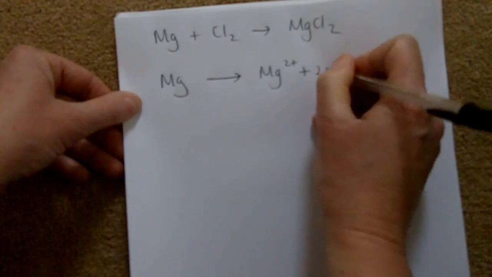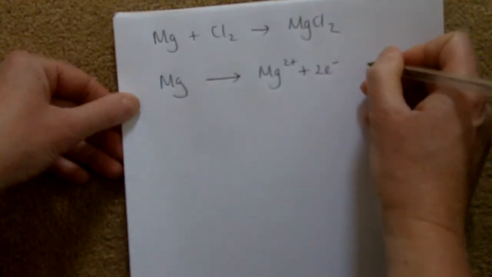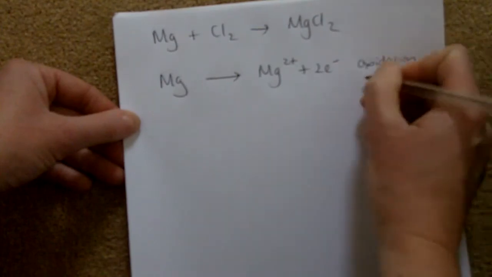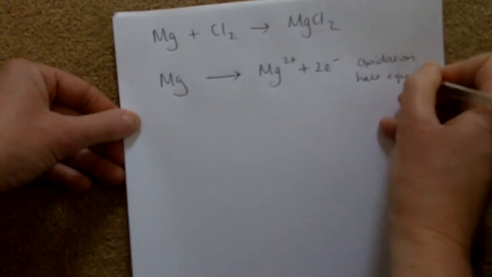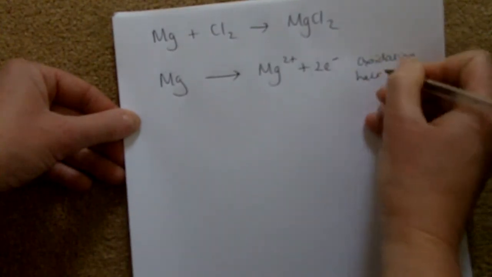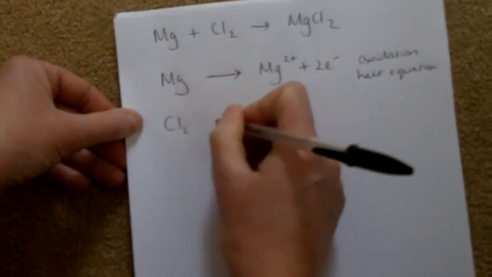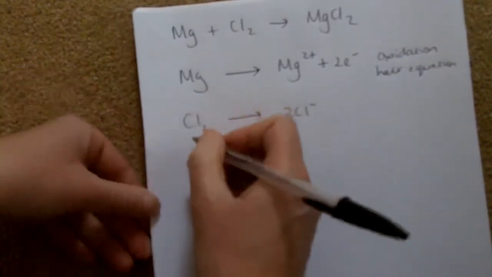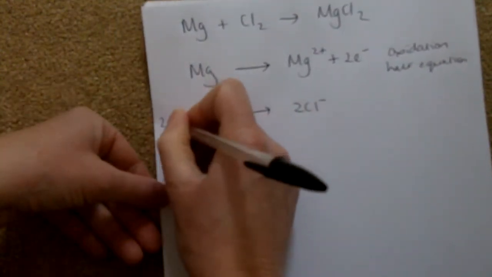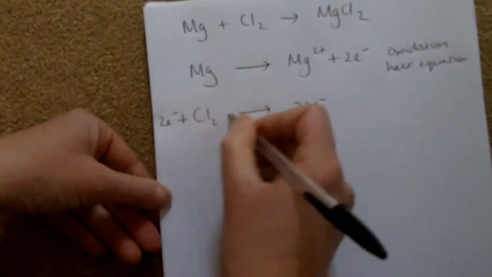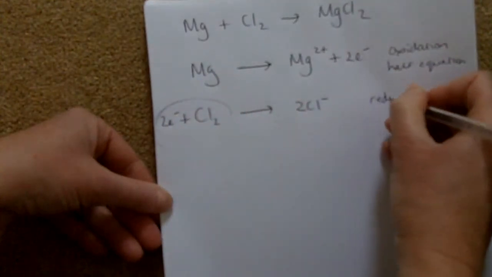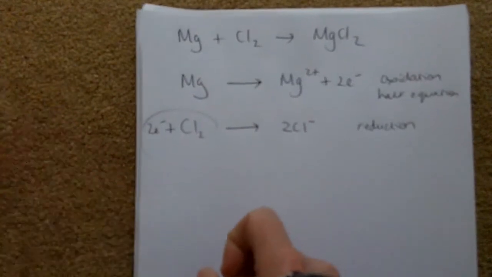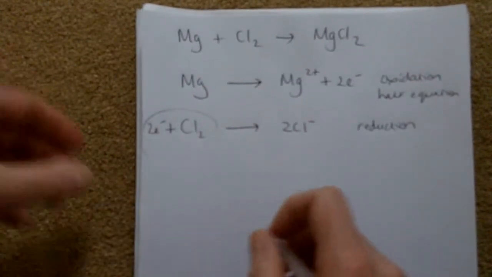It has lost 2 electrons, OIL RIG, it's lost 2 electrons, that is oxidation. It's called a half equation because it's half the equation. And then the Cl2 has formed 2 Cl minus, each one has gained an electron, and that is called reduction, a gain of electrons. So you can easily see this through oxidation numbers.